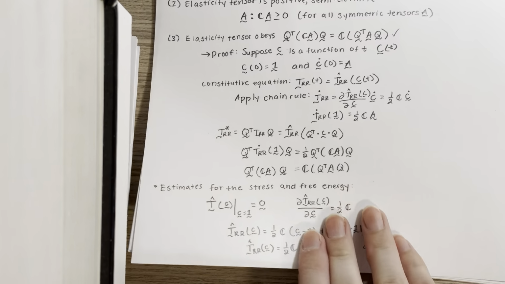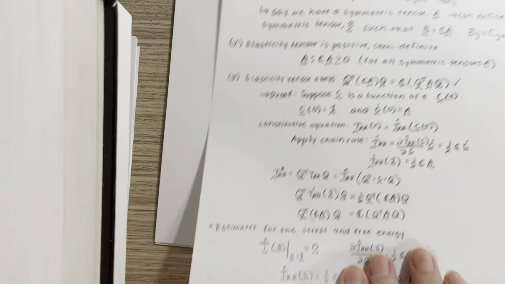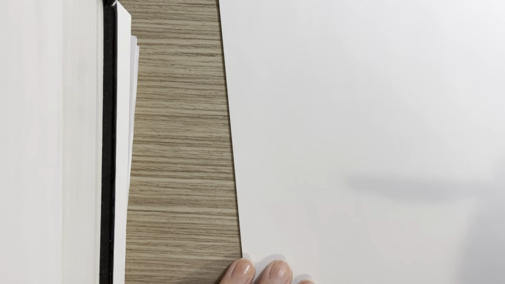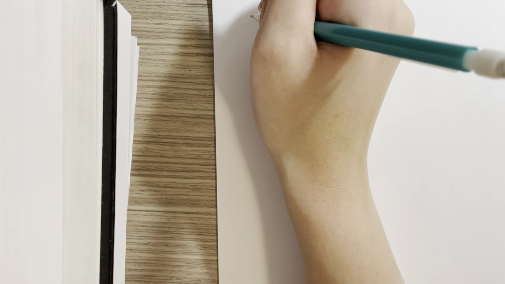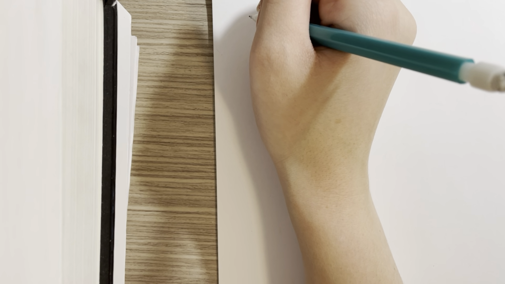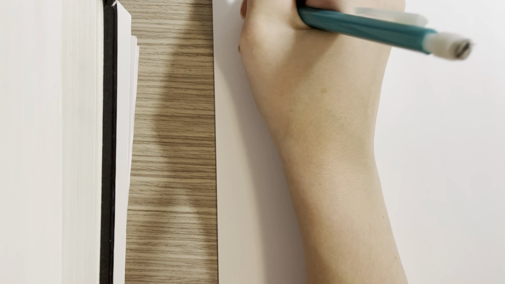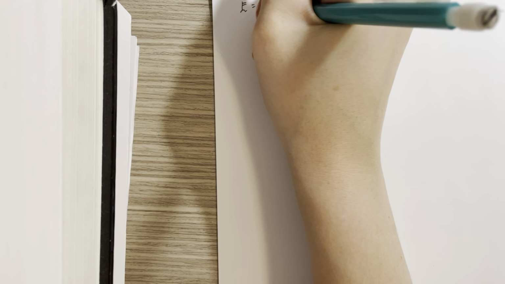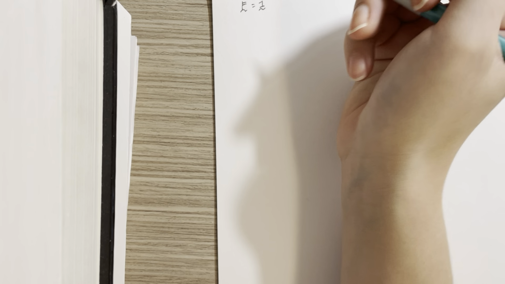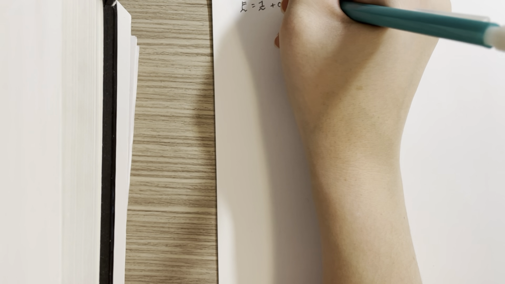Moving on from before, earlier in our recap we stated that for small deformations, F is equal to the identity tensor plus some higher order term.